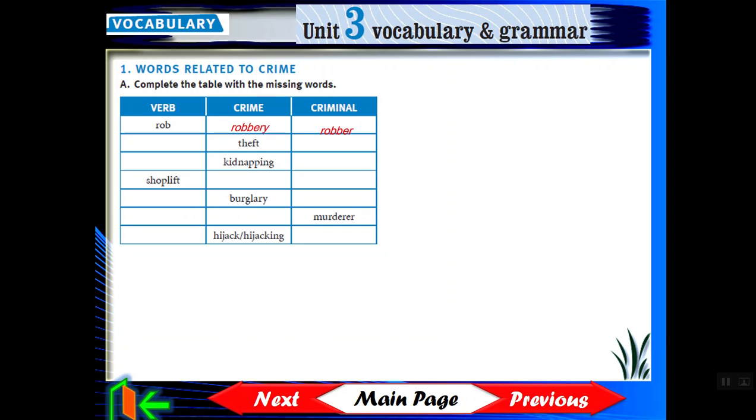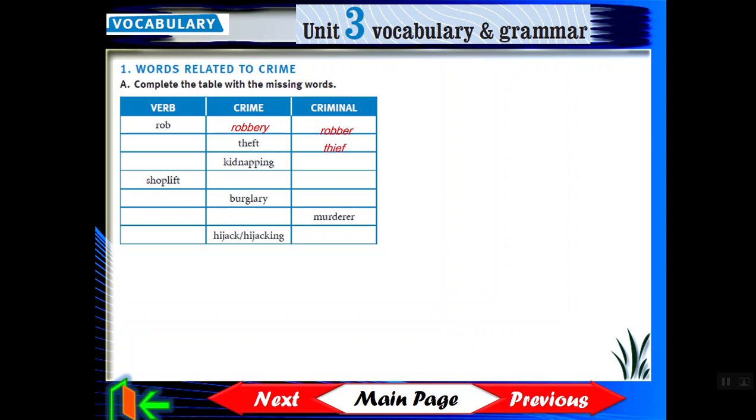And then the verb for theft, thief, but it is not commonly used. You can write TH in a verb, THIEVE. Again, the verb THIEVE. And then theft, which is the crime, thief is the criminal.